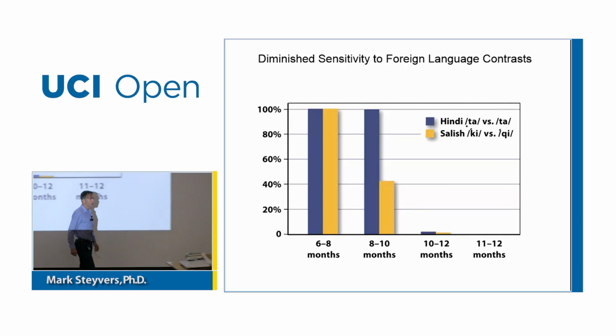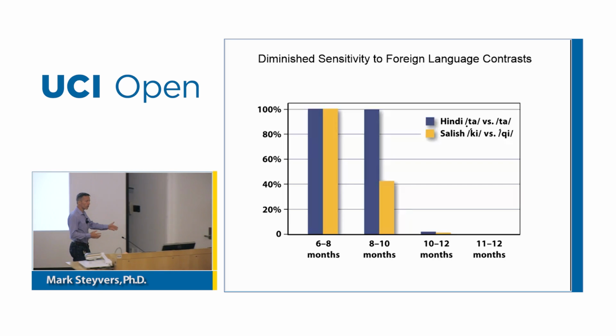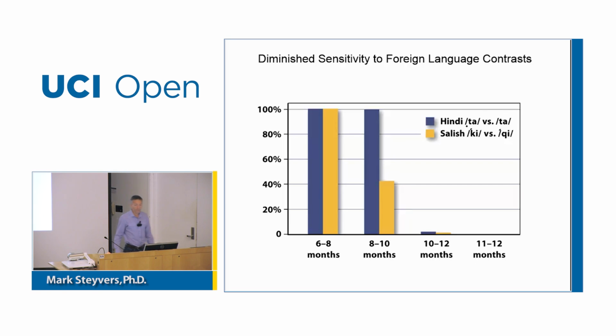The graph shows that early in infancy, these infants can discriminate between these contrasts, but this distinction is lost over time. By the time the infant starts speaking, about 1 year of age, that infant has already lost the ability to discriminate between these sounds.